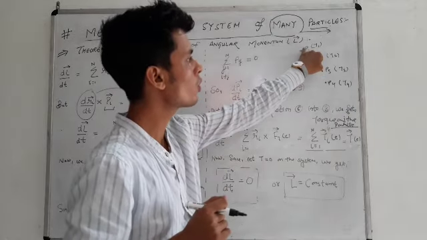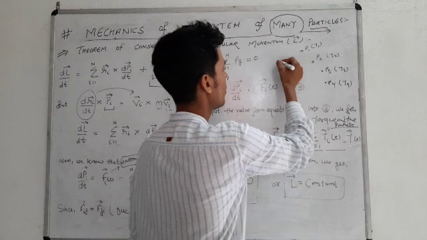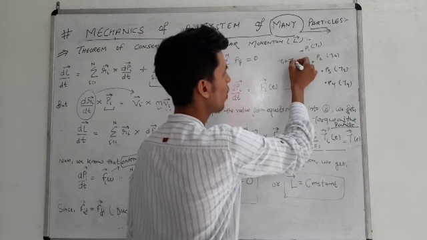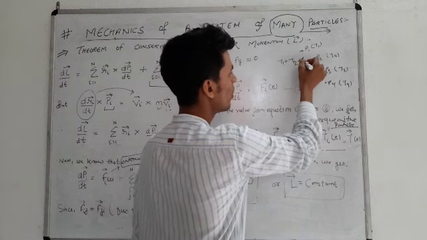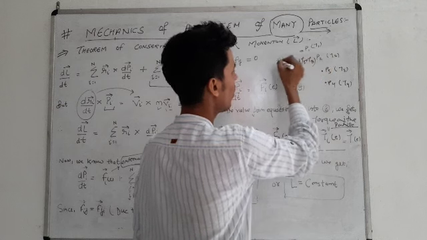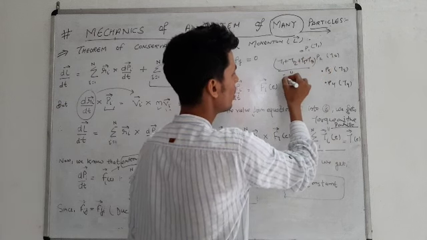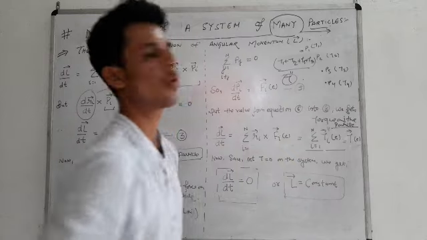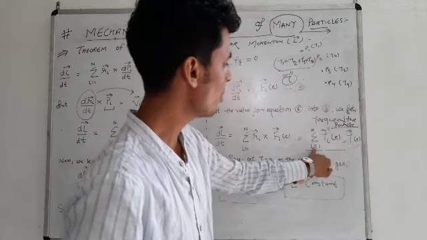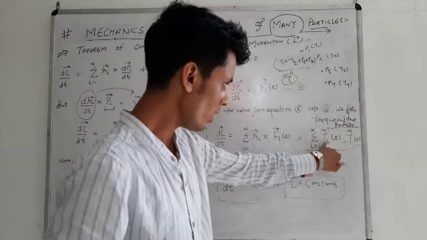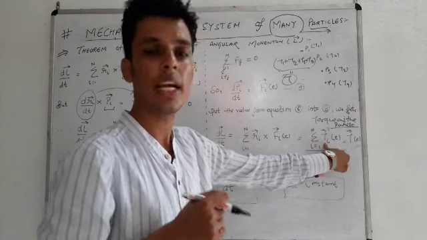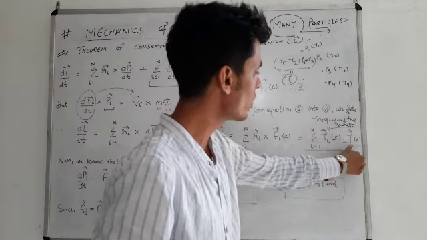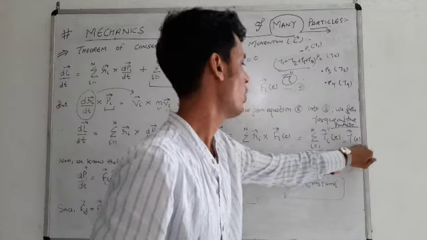So the total torque on this system will be tau 1 plus tau 2 plus tau 3 plus tau 4. So we have done the summation of the torques on the individual particles, and that leads us to the total torque on the whole system.